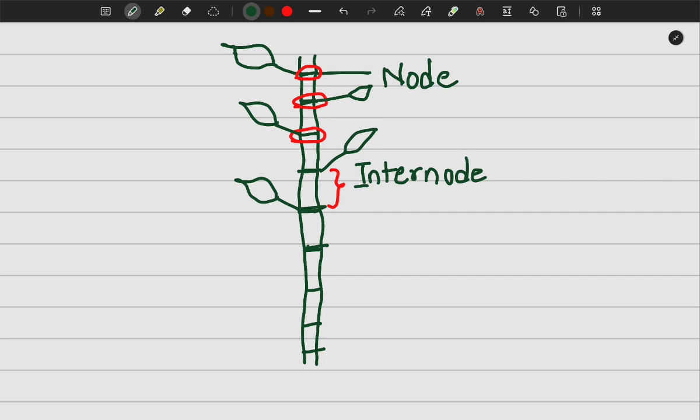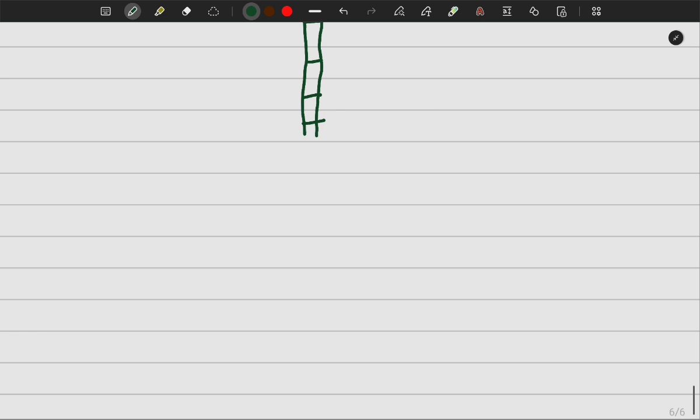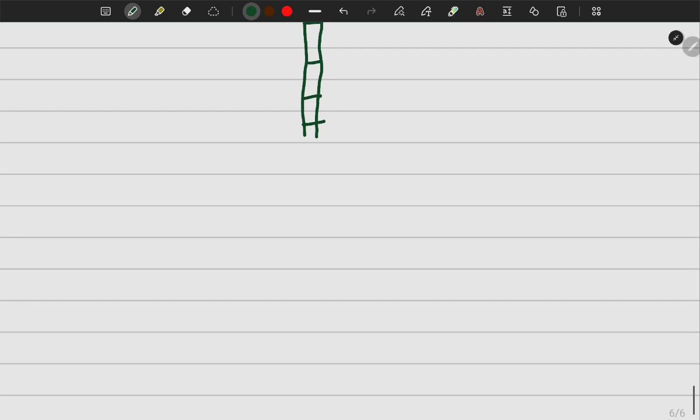A stem can have buds also. Two types of buds may be found in a stem. If this is a stem and it has a branch, a bud can be found here at the axil. Suppose this is the node and there's a leaf developing from here.